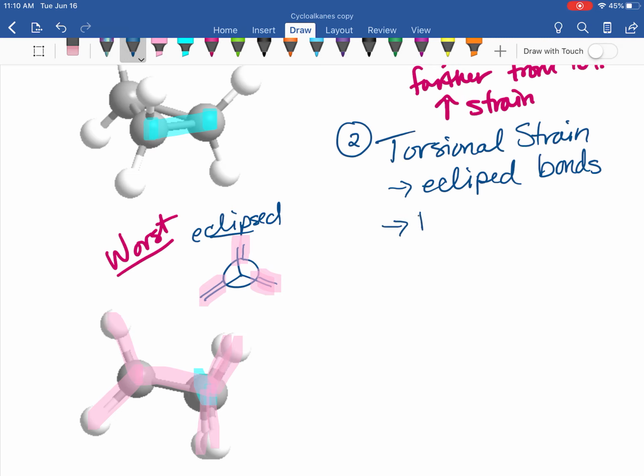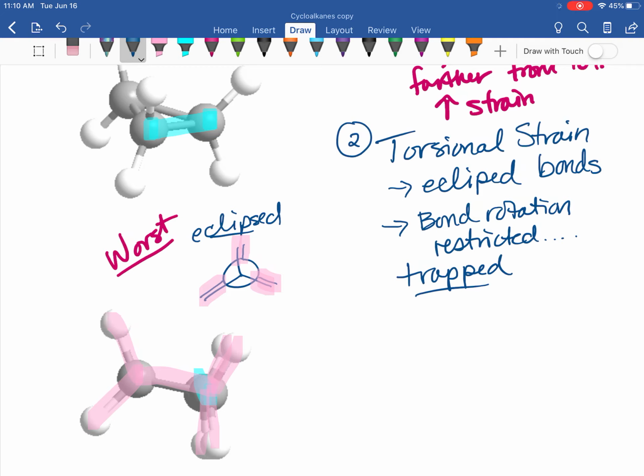Especially in that cyclopropane, your bond rotation is restricted. Literally, you'd break bonds if you tried to rotate those. And so you're kind of trapped in this eclipsed conformation. And we know that takes energy. That definitely takes energy.